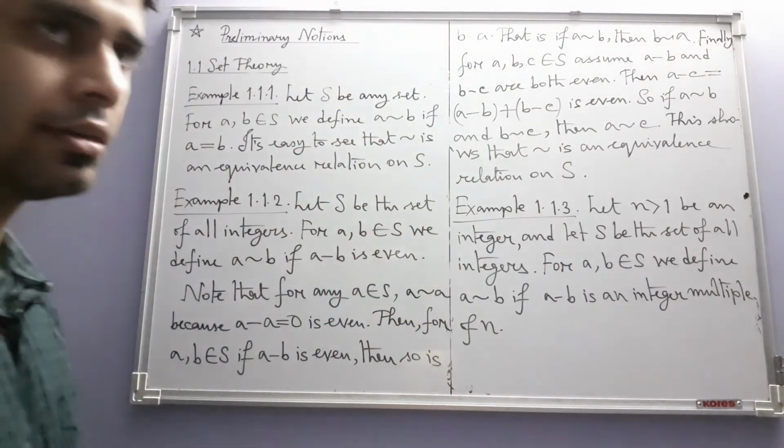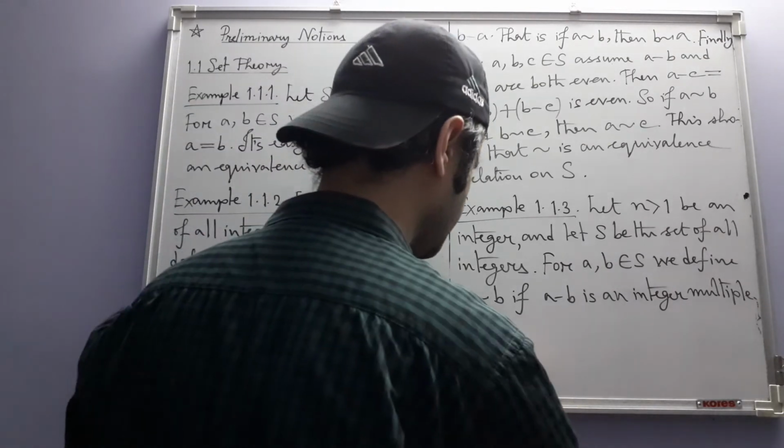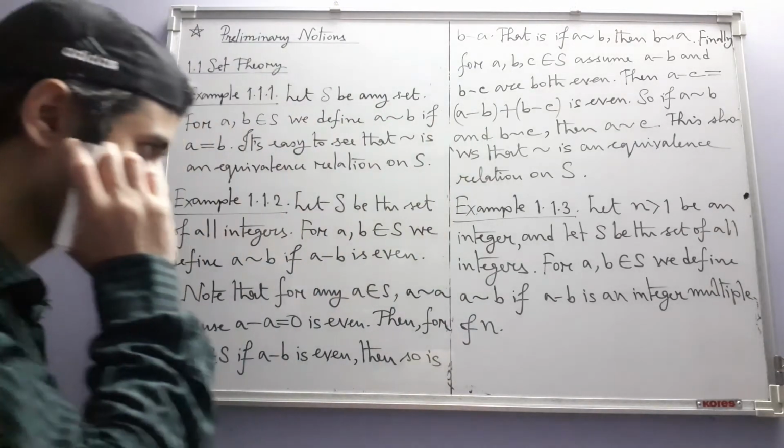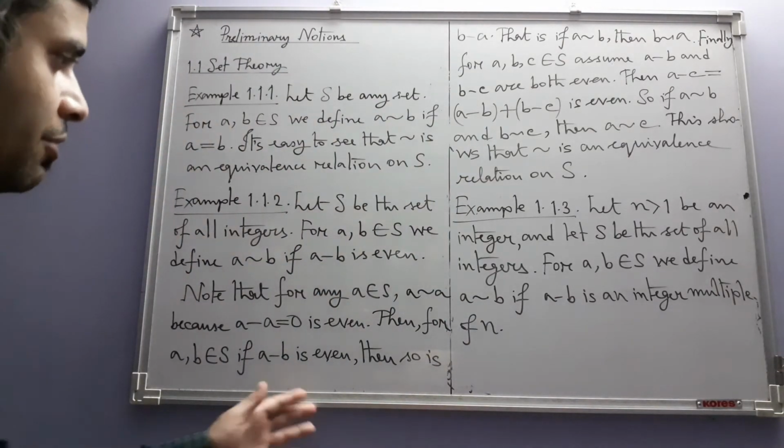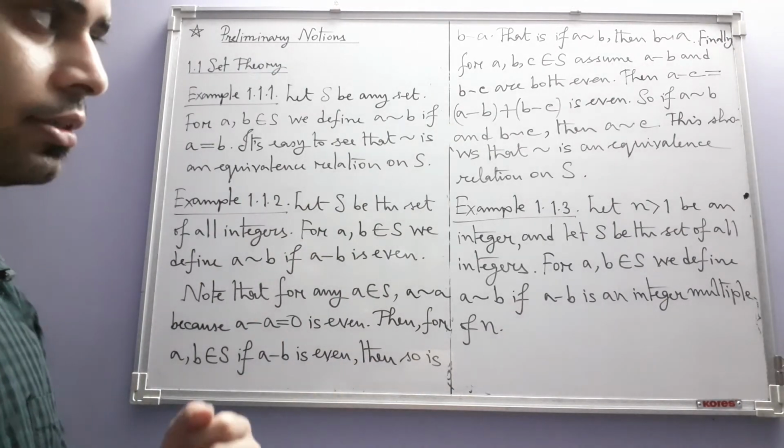In other words, if n divides A minus B. Now this, just like the previous one, can also be proved to be an equivalence relation.